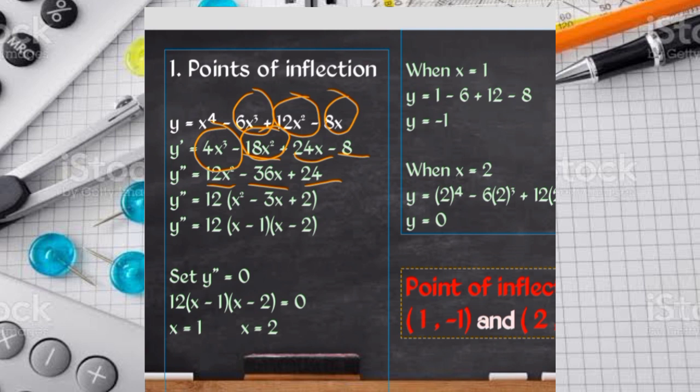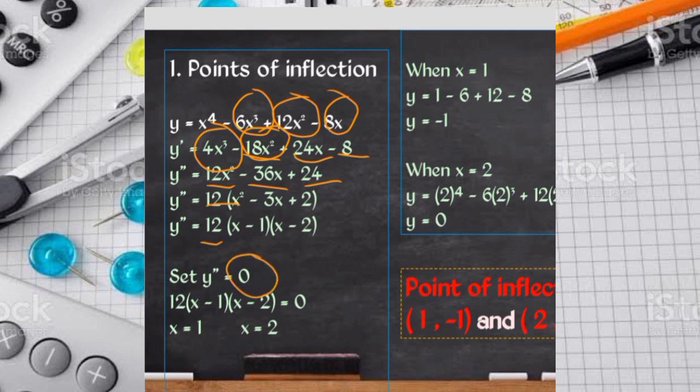y double prime is equal to 12 times x squared minus 3x plus 2. So y double prime is equal to 12 times x minus 1 and x minus 2. Set y double prime equal to 0.